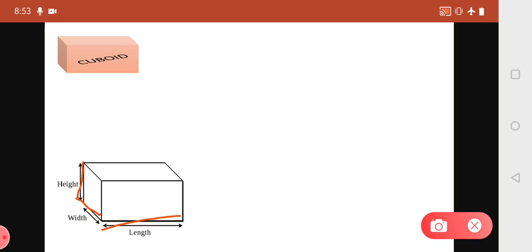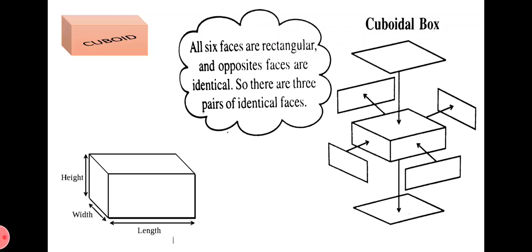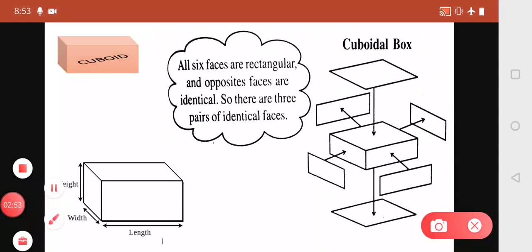Now, when we open the cuboid, we get 6 faces. We have already learned that a cuboid has 6 faces, all the 6 faces are rectangular, and opposite faces are identical. So there are 3 pairs of identical faces, and 3 twos are 6.